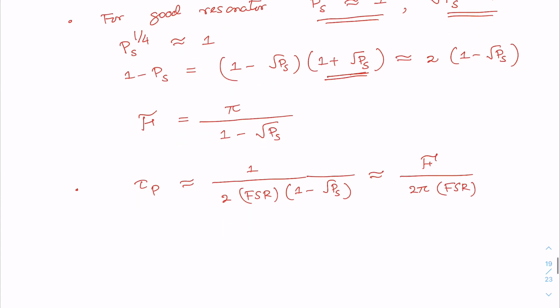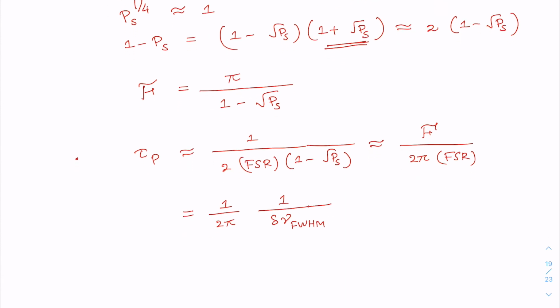Because I already know that free spectral range and finesse are associated with the full width at half maximum, I can write it as 1 by 2 pi delta nu, the full width at half maximum.